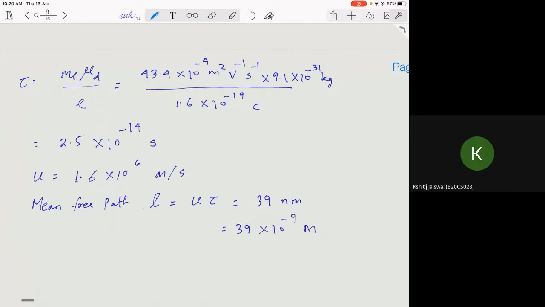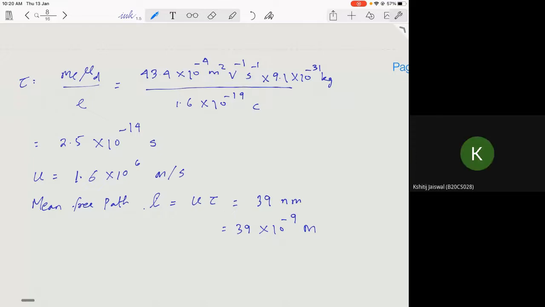Yes, sir, here u is the speed just after collision, and this mean free path L is not the drift velocity, right? So, sir, my doubt here was: our electron has just collided, and its initial velocity just after collision is 1.6 into 10 to the power 6, and we have also applied an electric field.